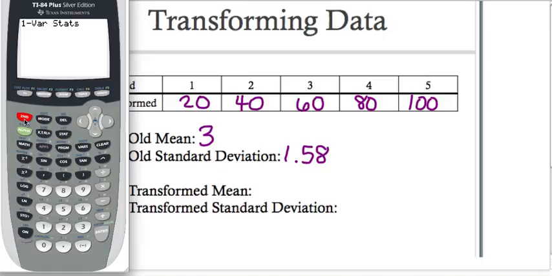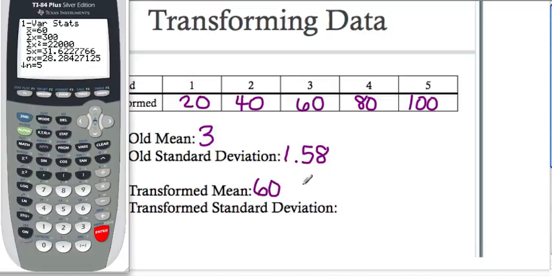So I can hit second list 2, and it's going to give me the one variable stats for list 2. When I look at this, I have a mean of 60 right here and a standard deviation of 31.62. So a mean of 60 and a standard deviation of 31.62.